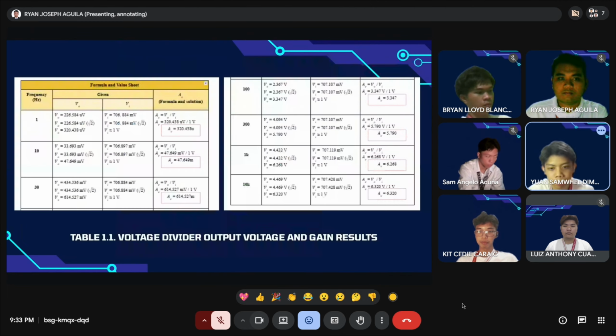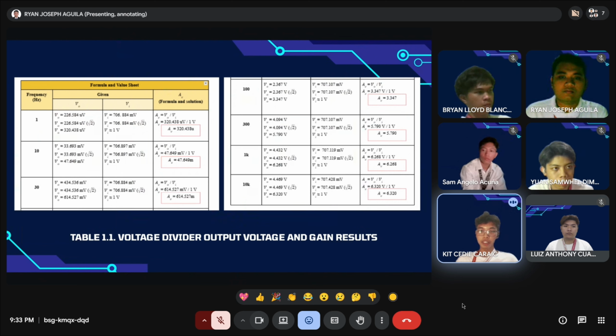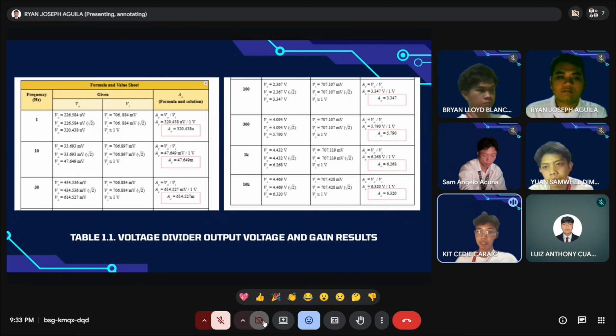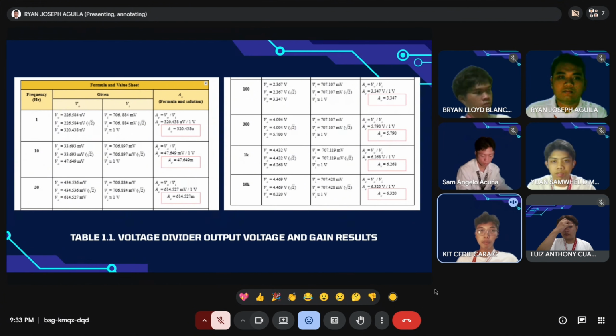And next slide again. All right. So as we saw earlier, in figures 1 to 15, here in Table 1.1, it summarizes those computations. So this shows that the voltage gain of the transistor amplifier increases as the input frequency rises. At a very low frequency, the gain is extremely small, indicating poor amplification.